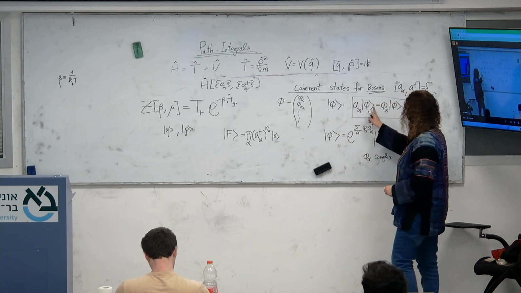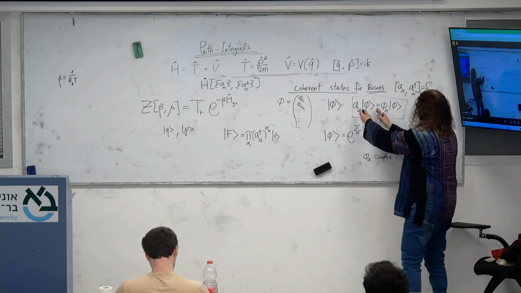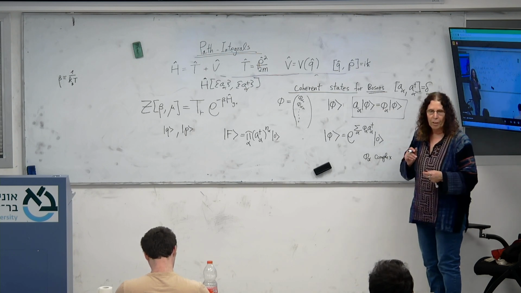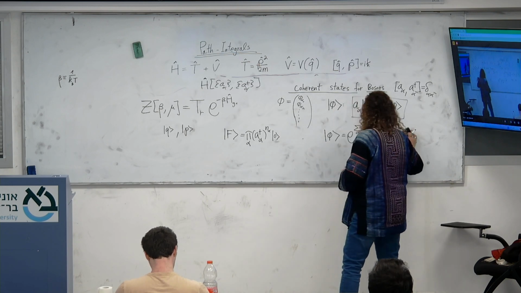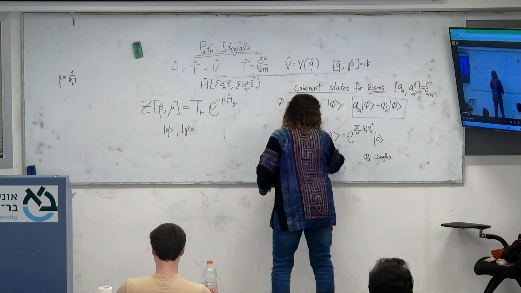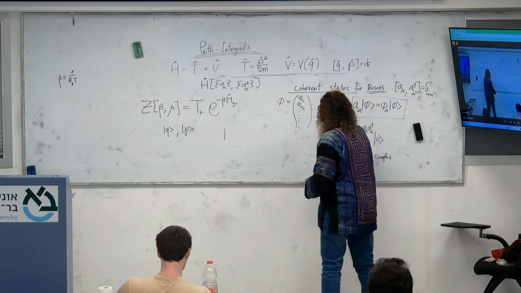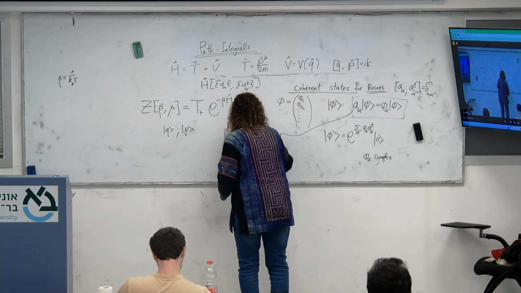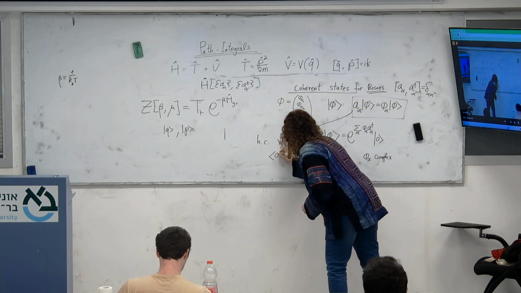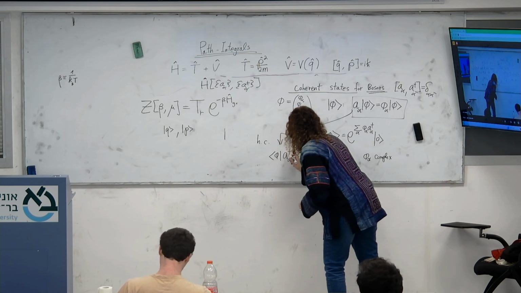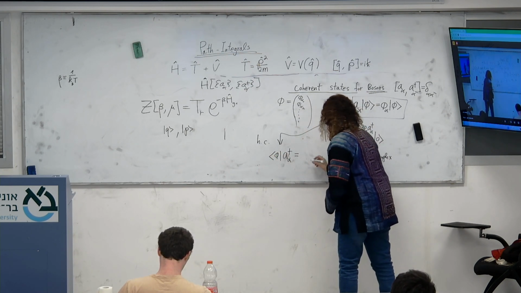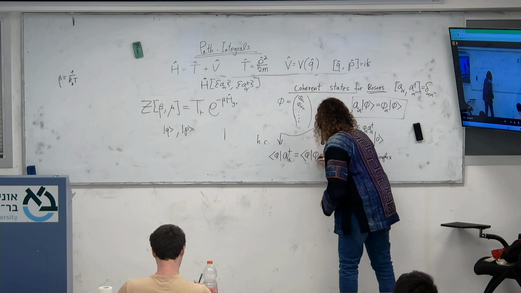And in fact, you can easily see that if I take this equation and take the Hermitian conjugate on both sides, on the left-hand side I'm going to get A alpha dagger acting on the left on phi, which equals phi bar.